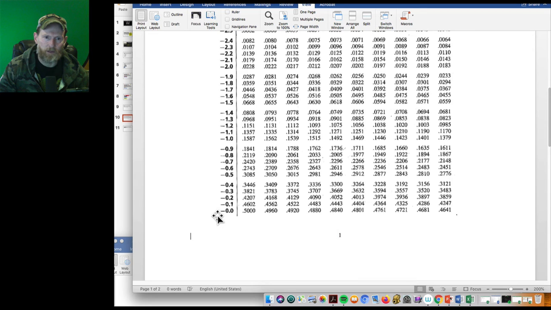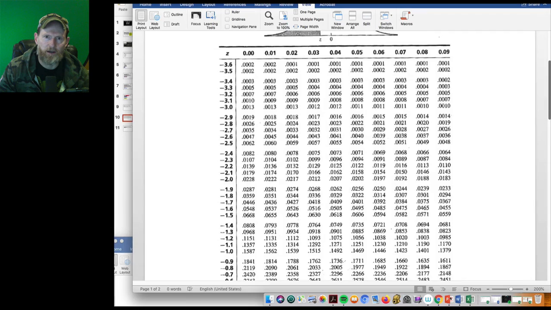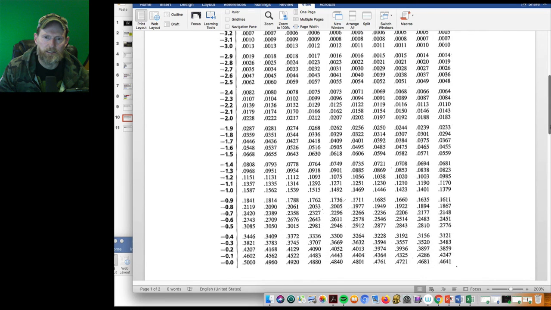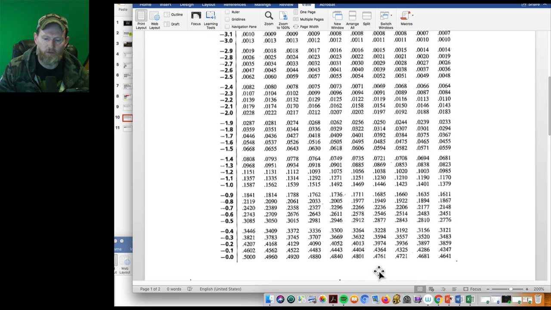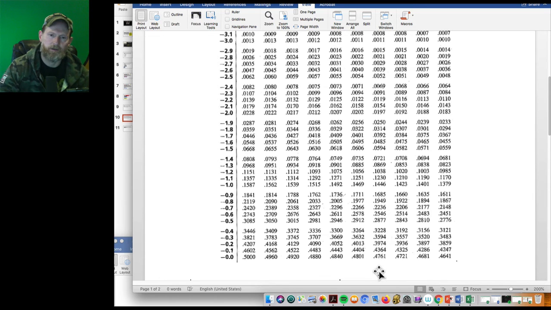So I'm going to go down here to the negative 0.0 row, and I'm going to go over 0, 1, 2, 3, 4, 5, 6 to that 0.06 column, which is 0.4761. See how that 0.06 column, 0.4761. And I'm just going to write that down before I go back.